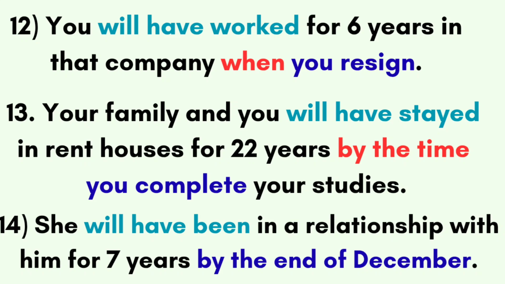She will have been in a relationship with him for 7 years by the end of December. Here there is no other action. Instead of that I have mentioned a specific time. By the end of December she will have been in a relationship with him for 7 years, which means the action started in the past when she fell in love with him, and they have been in a relationship for many years.